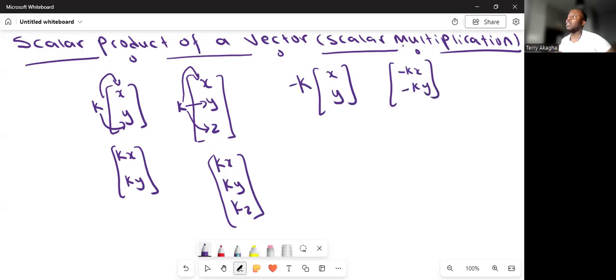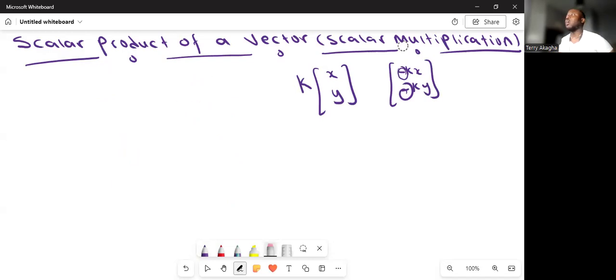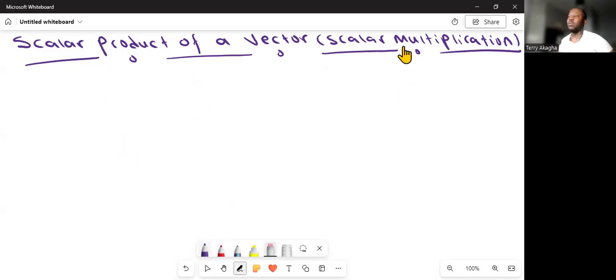So you can see that the magnitude has increased, but the direction is now negative. All right, good. I'm going to write down what I said because I'm aware that students do take notes, so that you can also revise as well.